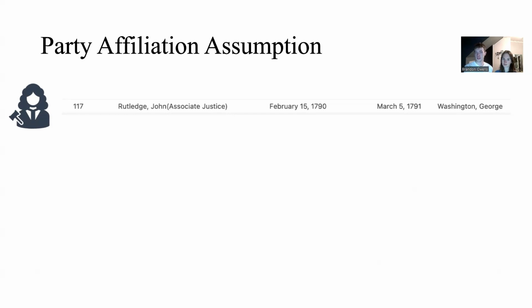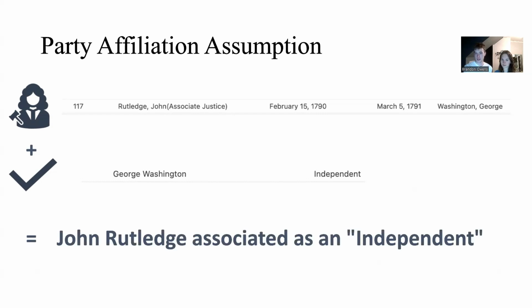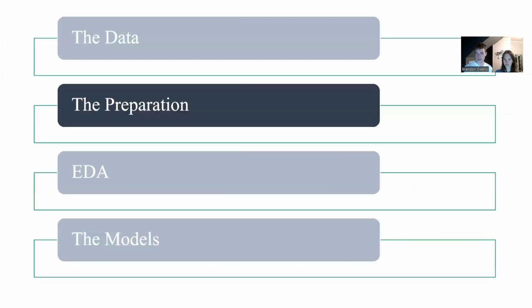We take George Washington's party that he identified with, which was independent, and then we merge these two. So we assume that John Rutledge is associated as an independent Supreme Court justice. That's where his party affiliation lies.